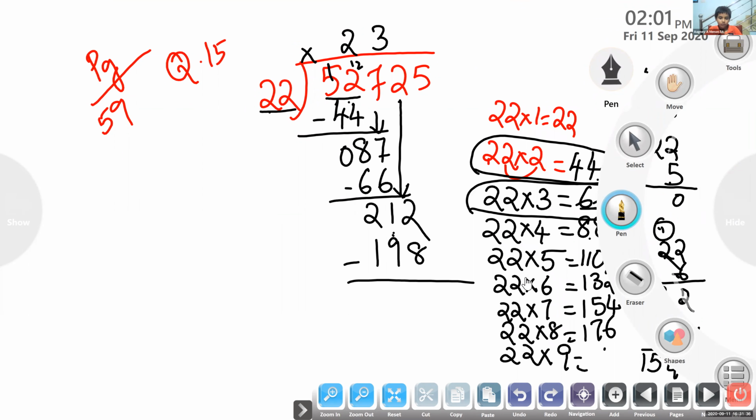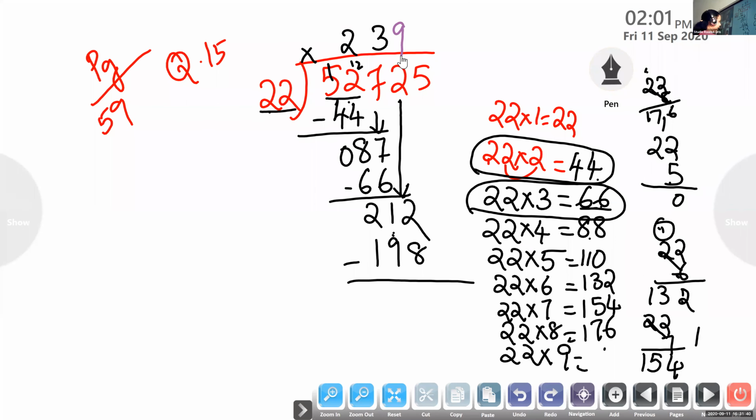So what's the answer here? 9 into 22, 198. So what's the remainder here? 12 minus 8 is 4. Here we have to cut. 10 minus 1. Then one more number is there, 145.